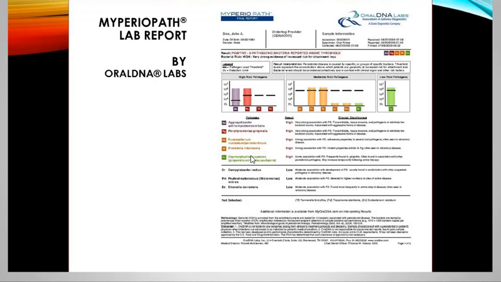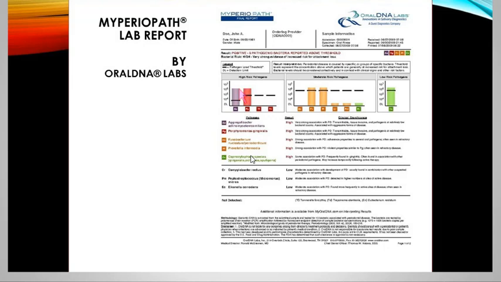And this is what the report looks like. You can see that there's this black line. This is the threshold line. These are high-risk pathogens, moderate-risk pathogens, and low-risk pathogens. These are the pathogens that are causing the gum disease. Many in this patient's mouth are high risk. You can see these 2 pathogens are above the threshold line, and look at these 2 high-risk pathogens above the threshold line.